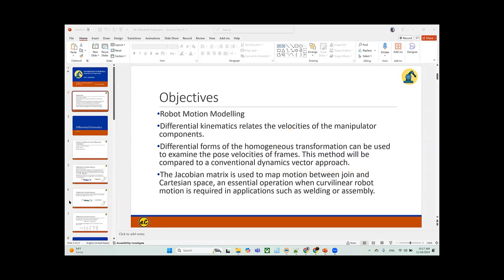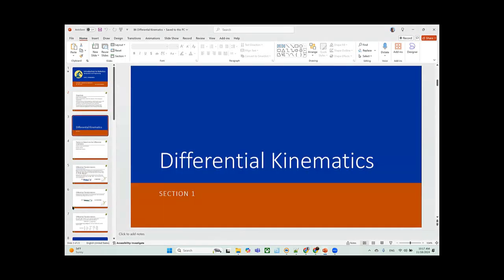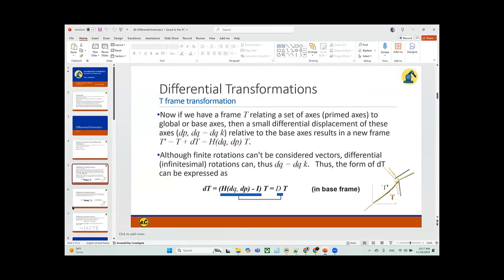You use a matrix to do the calculation. So this is differential kinematic. First thing is that you need to know about differential transforms. We do have an H matrix and a frame T. So you take the derivative of the T.